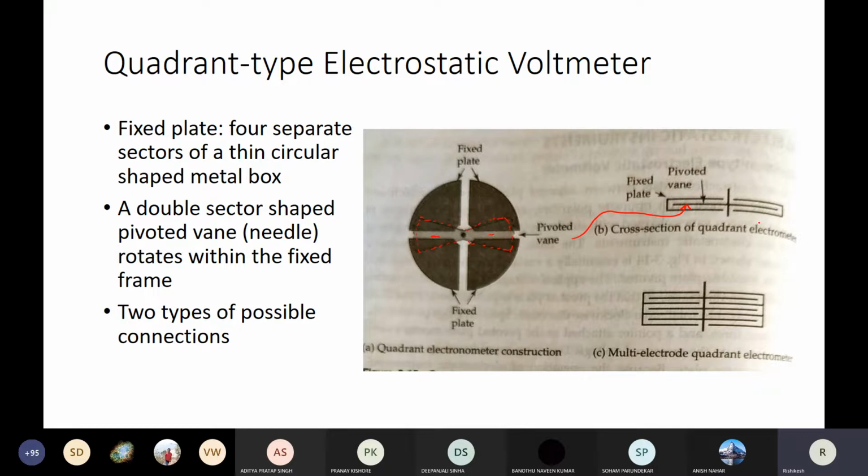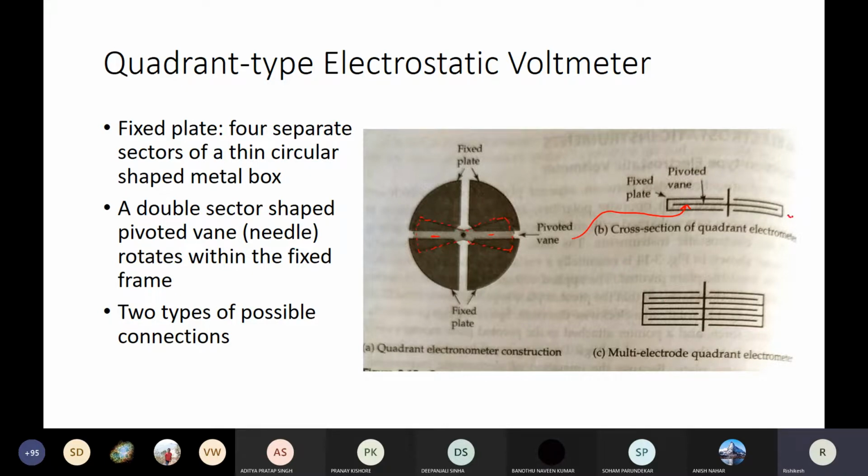In some cases, instead of one pivoted disc, to increase the capacity of the quadrant type electrostatic voltmeter for voltage measurement, there are multiple discs. A multi electrode quadrant electrometer consists of multiple such arrangements.